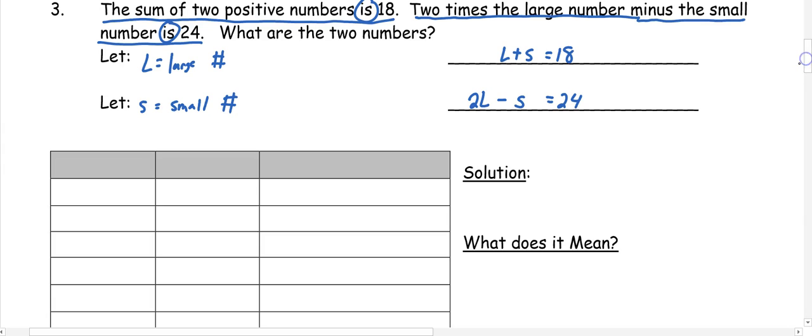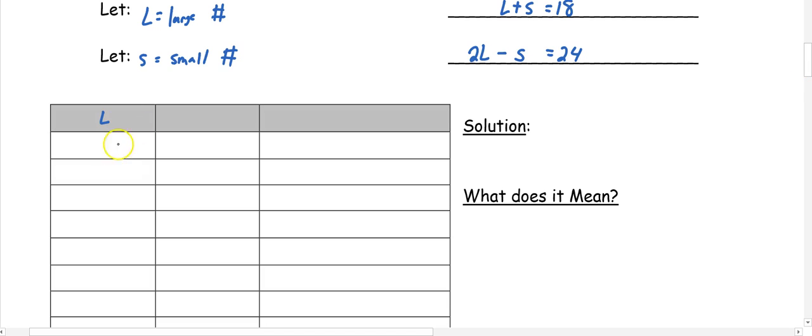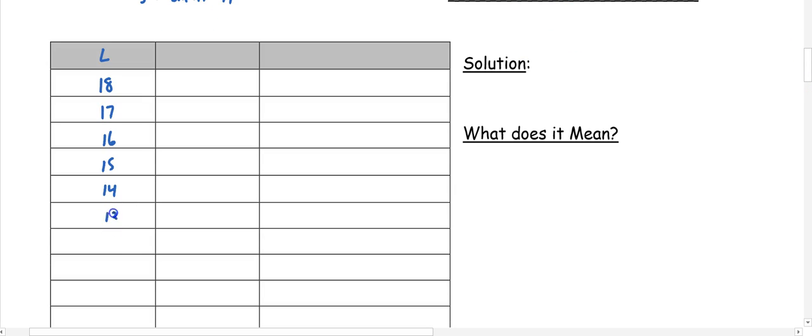Now, this time, notice that our table doesn't have enough spots to go 0 to 18. But when we think about it, the large number has to be bigger than the small number. So we're going to start for the large number with 18, because that's the biggest number that it could be. So we have 18, 17, 16, 15, 14, 13, 12, 11, 10, 9.